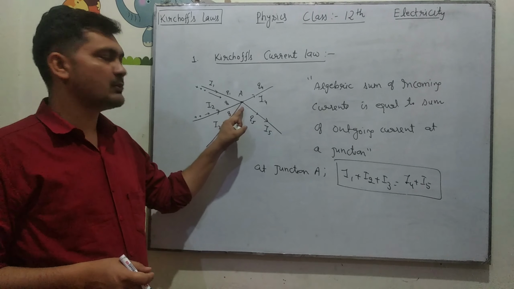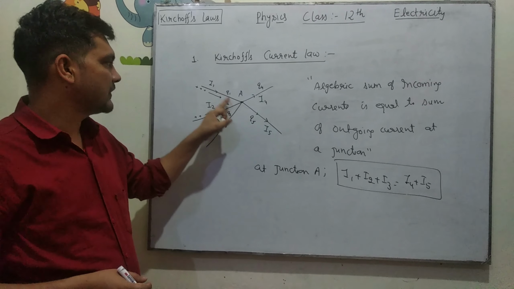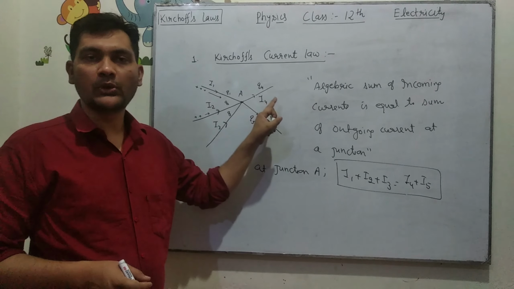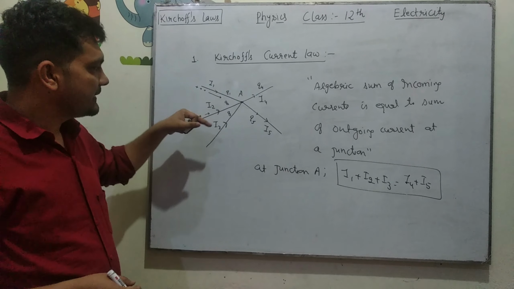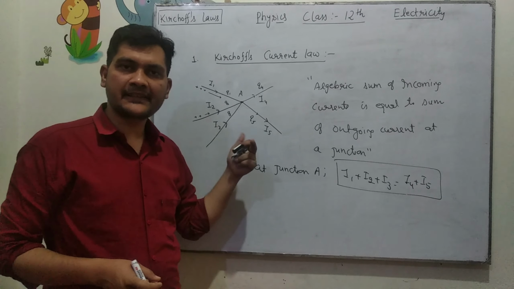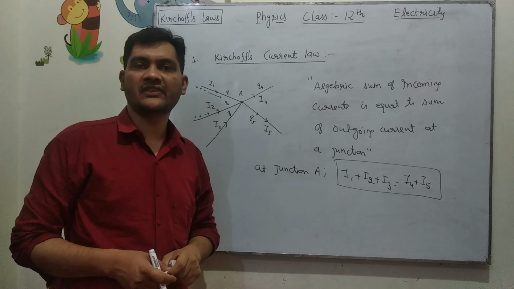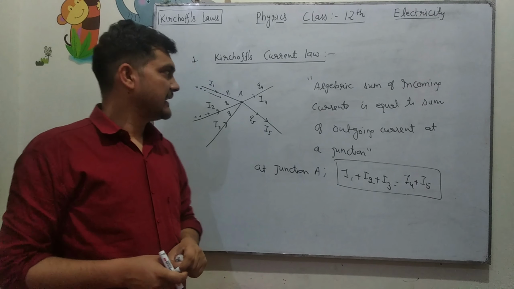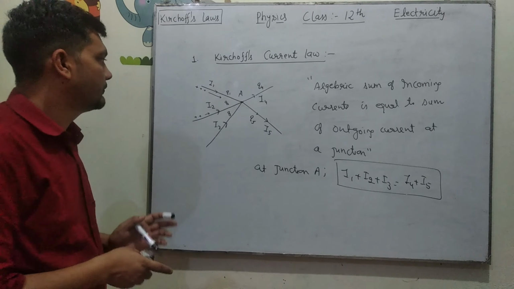So, charge cannot be accumulated at point A. Therefore, the incoming charges must be equal to outgoing charges. Therefore, this Kirchhoff's current law is basically based on conservation of charge. Okay, let us now move to Kirchhoff's second law.